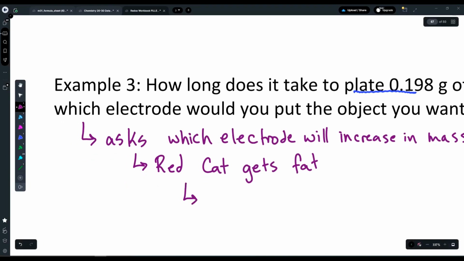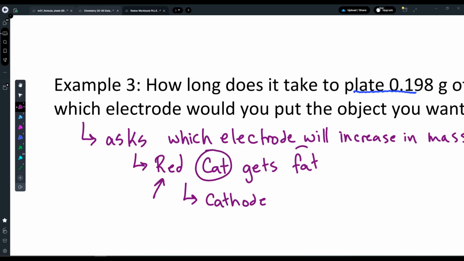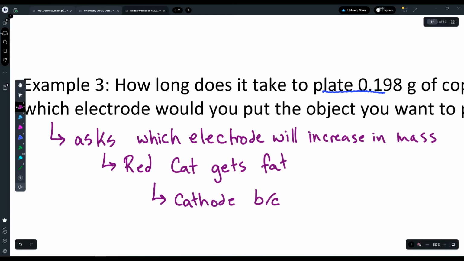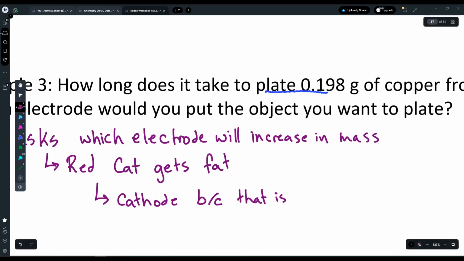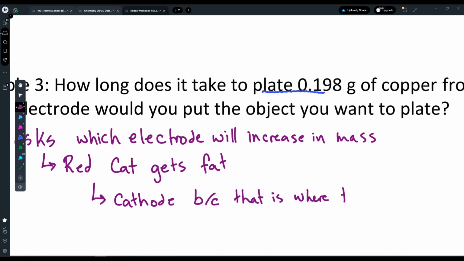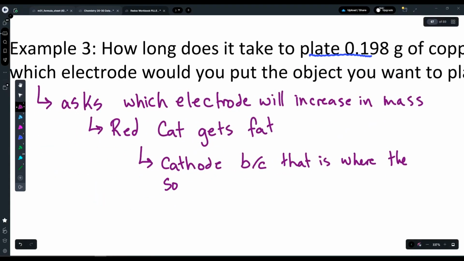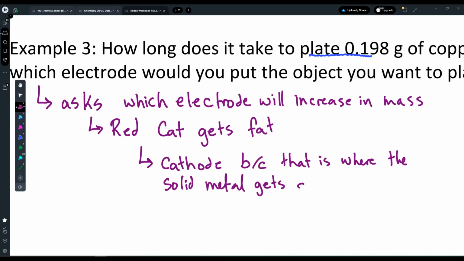We choose the cathode because that's where the solid metal is going to be deposited due to the reduction reaction. Again, red cat gets fat means reduction happens at the cathode, which increases in mass. So cathode, because that is where the solid metal gets deposited.